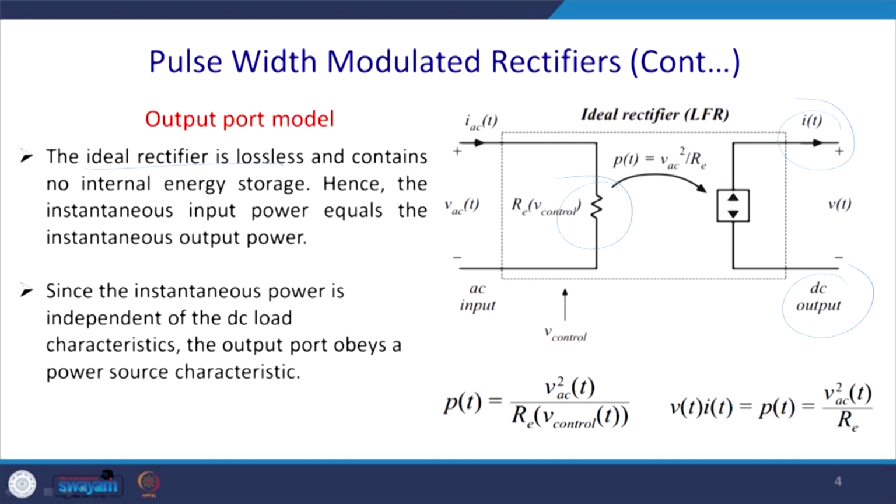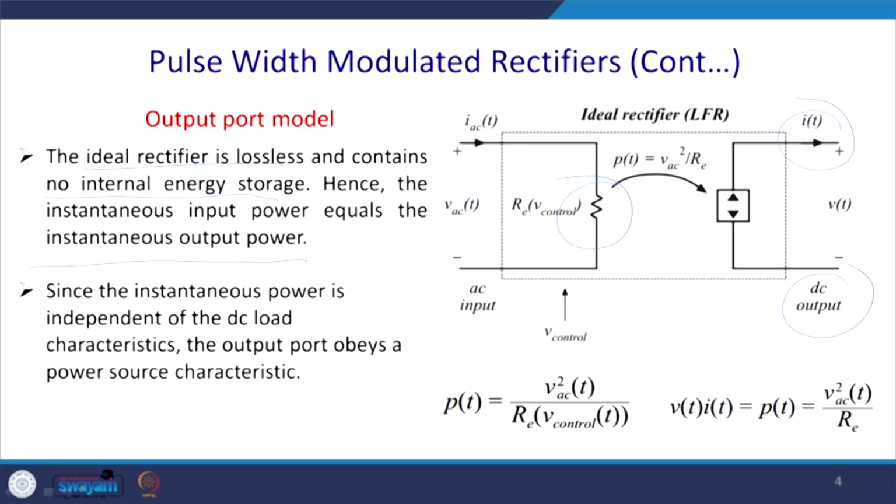An ideal rectifier is lossless. We assume that the switches are lossless and contain no internal energy storage. Hence, the instantaneous input power, the AC power, equals the instantaneous output power.